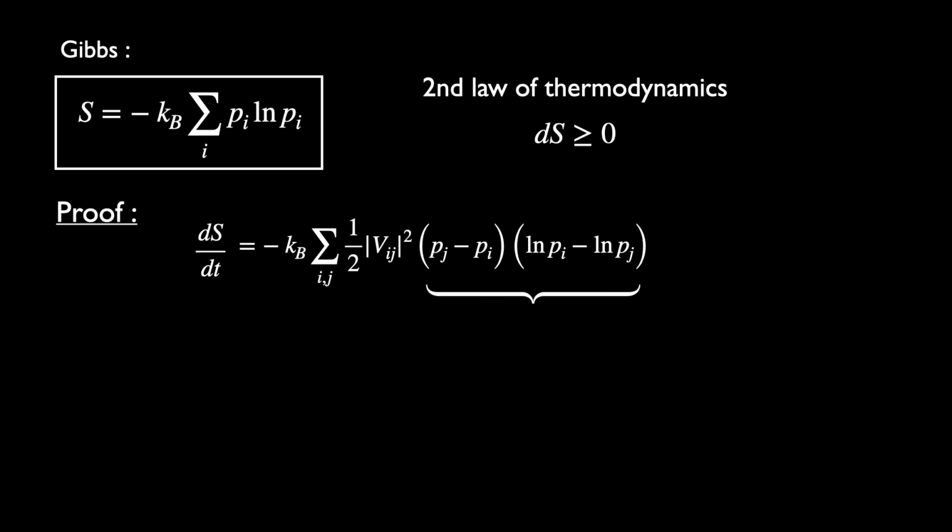Notice that the difference between pj and pi and the difference between log pi and log pj are opposite in sign. This means the product of the two brackets is negative.